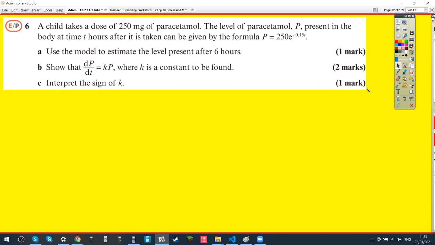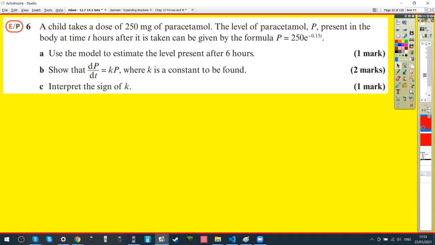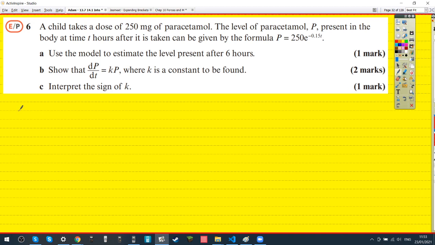Okay, let's try B. So would it be minus 75 over 2p?